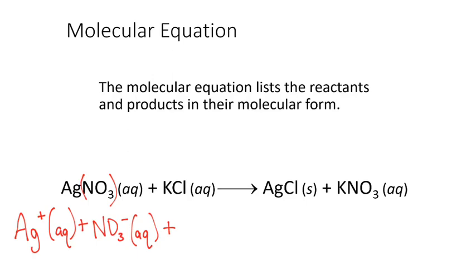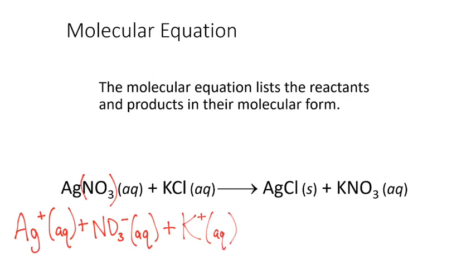If I said KCl aqueous, I want you to break it up into its ions. What's one of the ions you would break it up into? K, good. And what's K's charge? +1. So I'll just put plus after it and AQ.